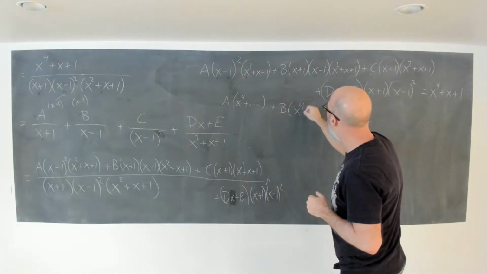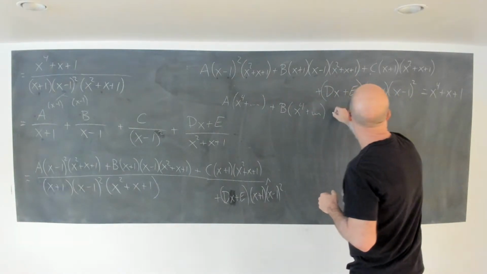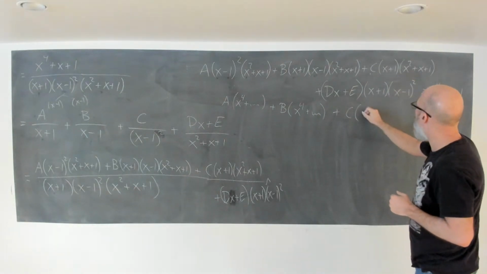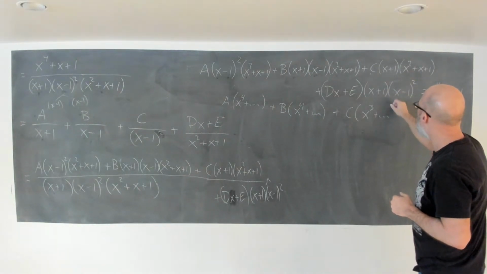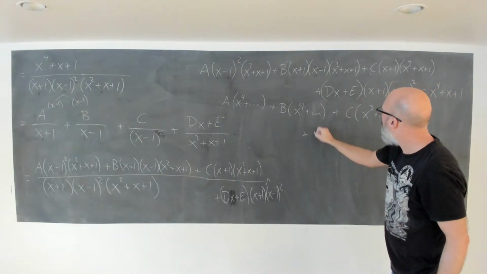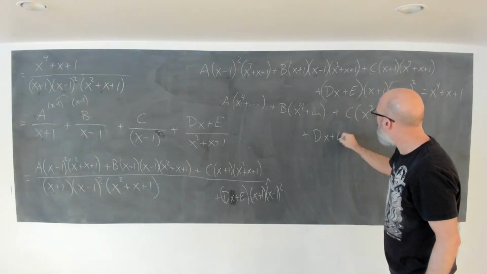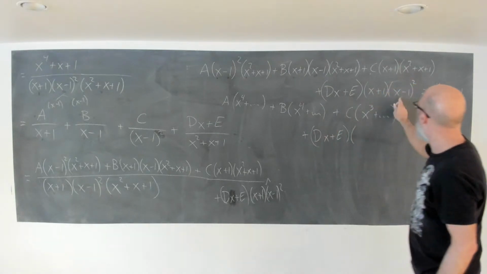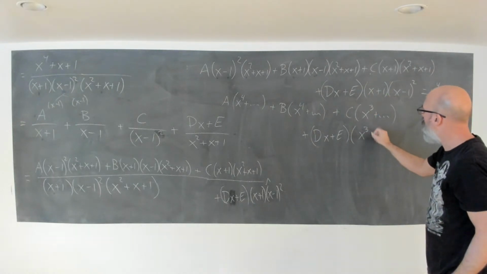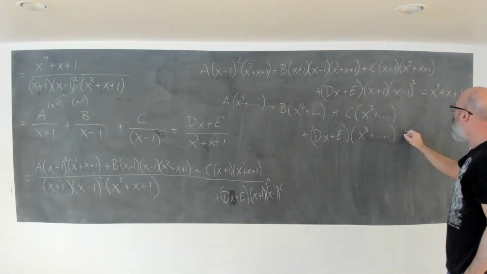You'll have an x to the 4 plus other stuff. Here you'll have c times x cubed plus other stuff. And dx plus e times, this will give you an x squared, so x cubed and other stuff.